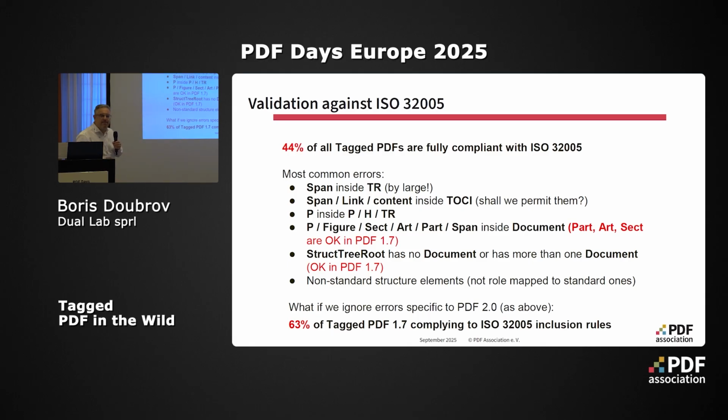And if you take the top 5 and ignore those, how would the number go up then? Again, another question. I don't have an immediate answer now, but we would be able to. I mean, if you have something like span, link, content inside TOCI, and there's a good argument why this makes sense. Yep. We had the discussion on that one.